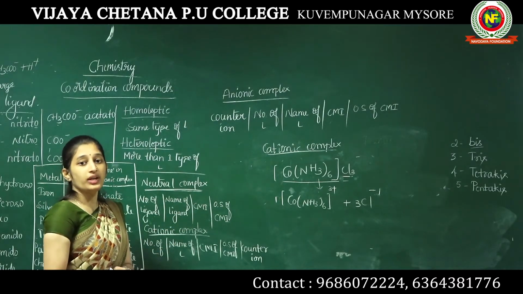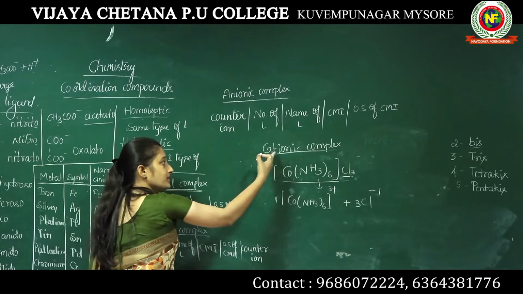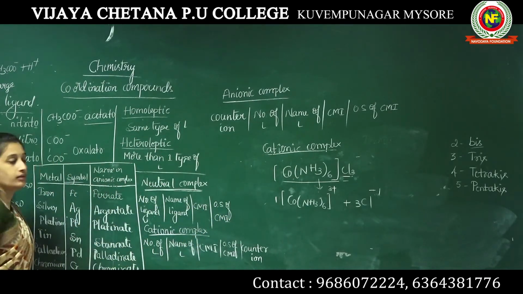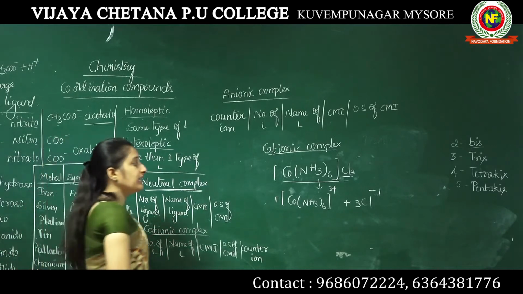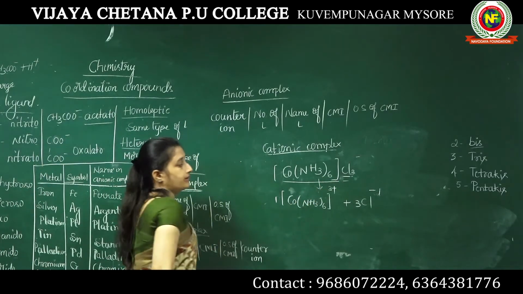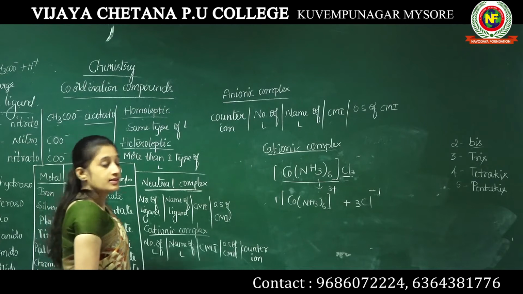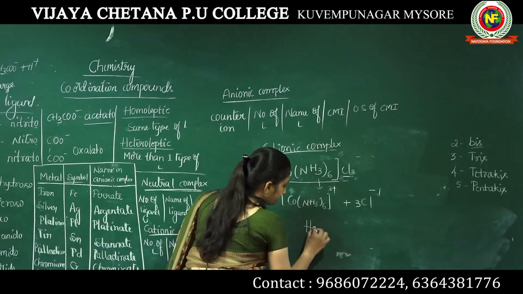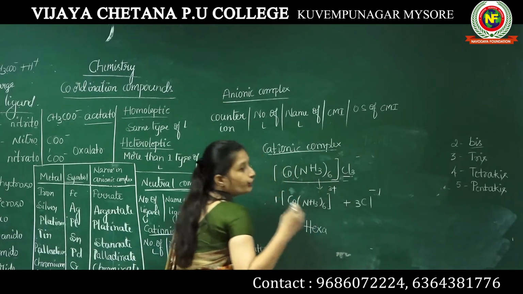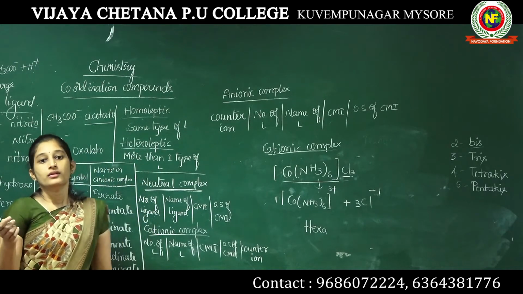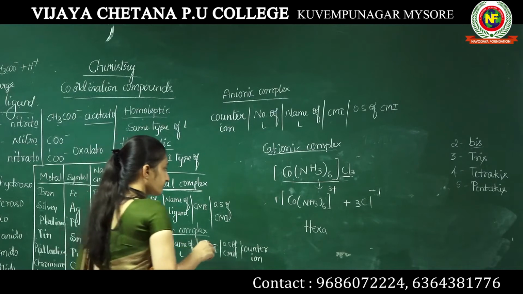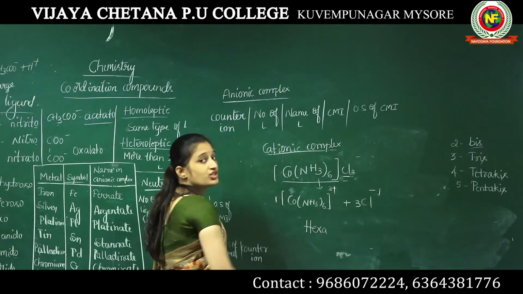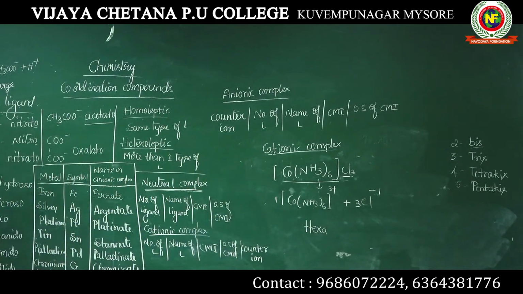After that, how to name this? What type of complex is this? This is a cationic complex. What are all the rules? Number of ligands: how many ligands are there? Six ligands. 4 means tetra, 5 means penta, 6 means hexa. Hexa and NH3. NH3 is a ligand.